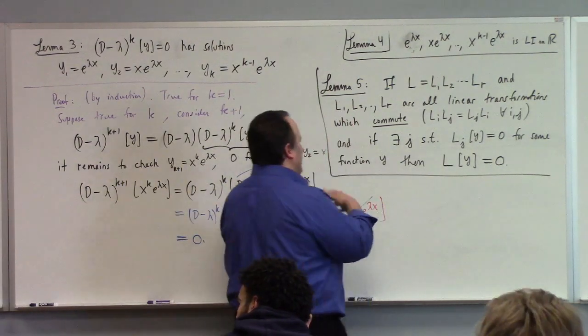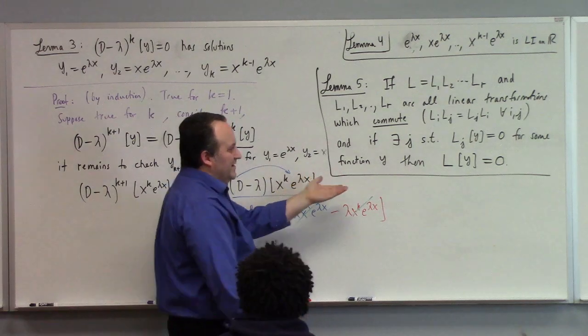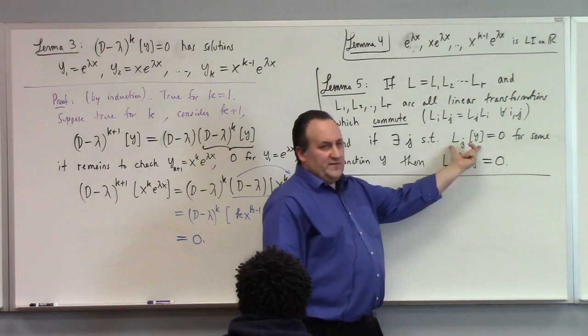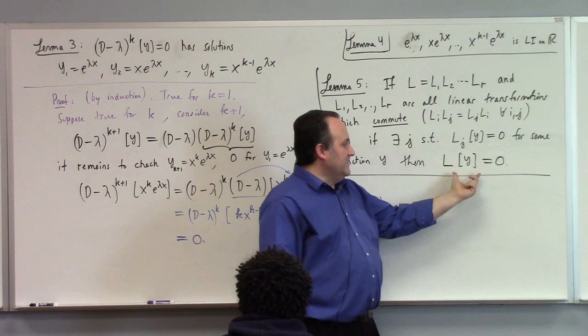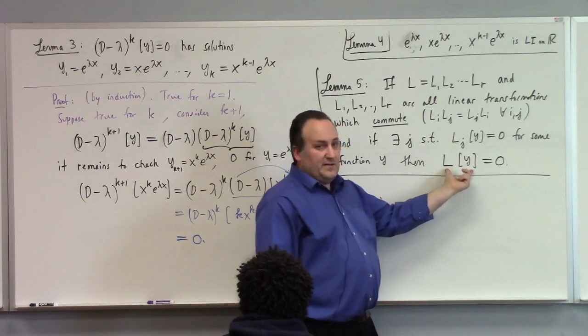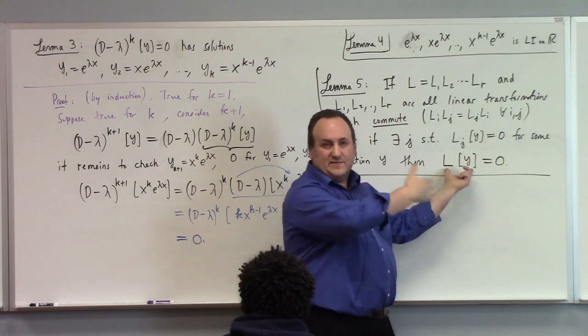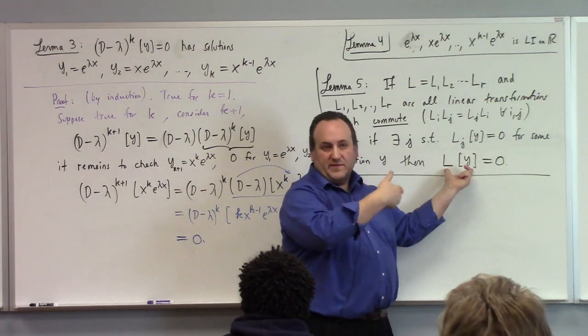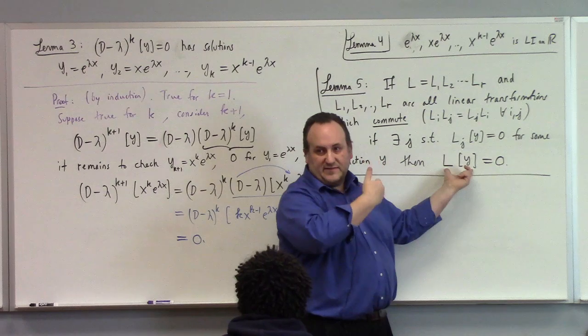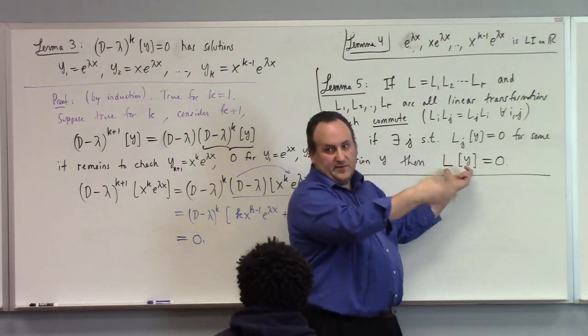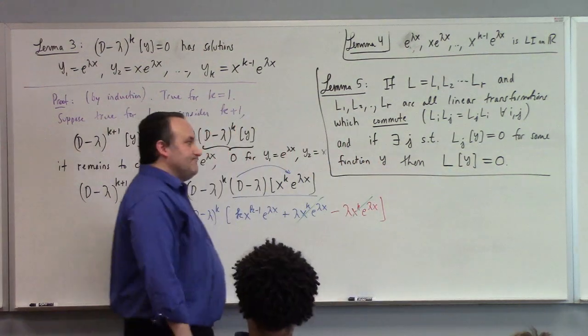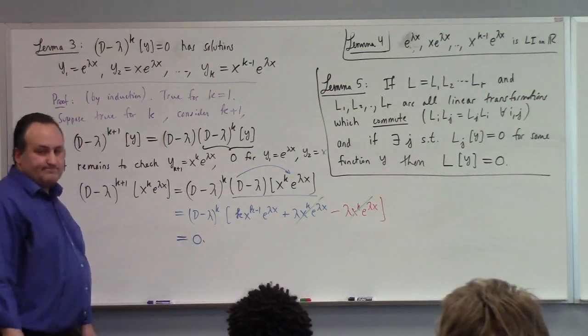I'm not even going to write the proof out. The proof is pretty much obvious. Because you have L sub j of y equals 0, when you feed it into the big L, because the operators commute, you can just move j so that it hits it first. Then it's 0, but these are all linear operators, so the rest of them just keep sending 0 to 0 to 0. So there's that.